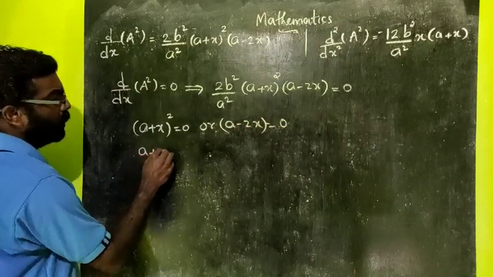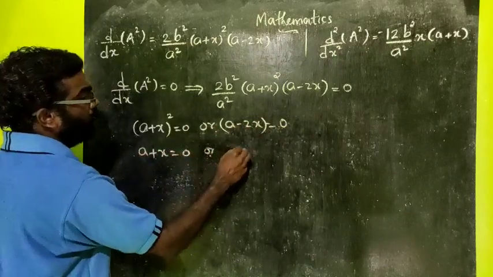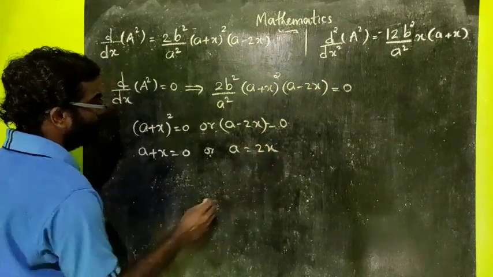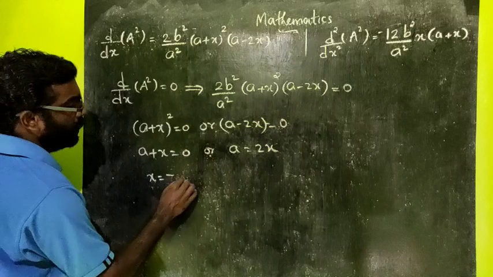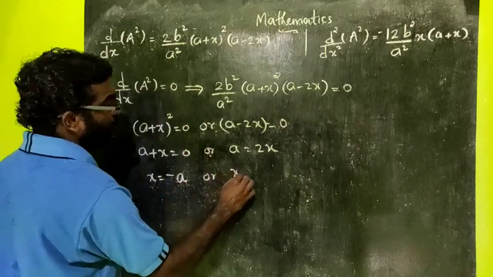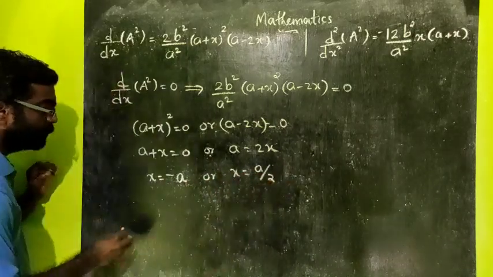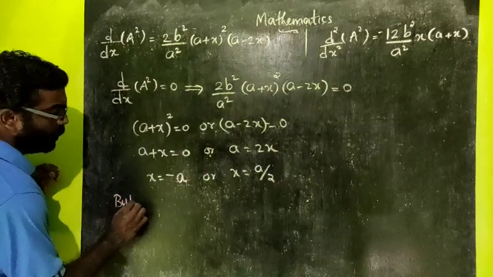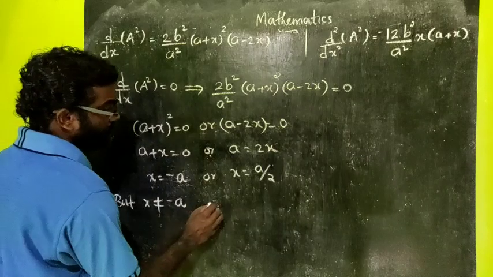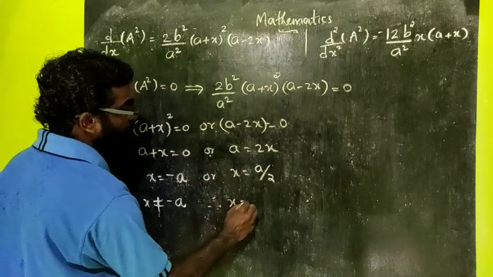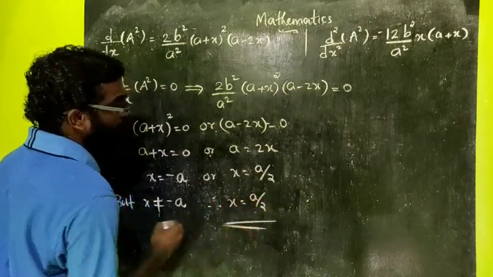A plus x equal to 0 or a is equal to 2x. X equal to minus a or x equal to a by 2. But x not equal to minus a. Therefore, x equal to a by 2.